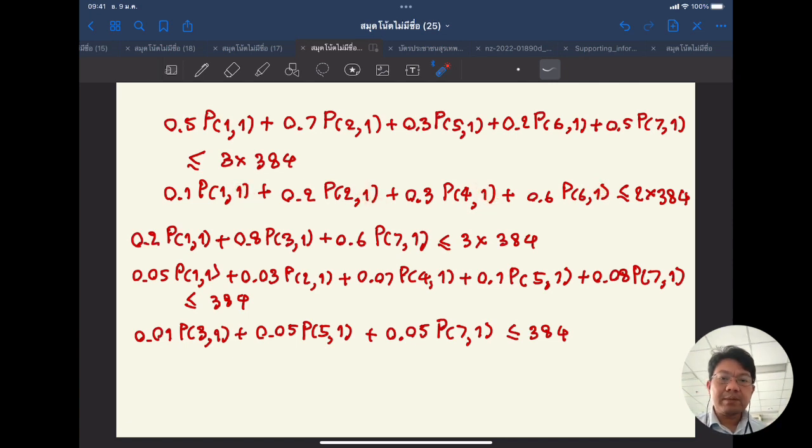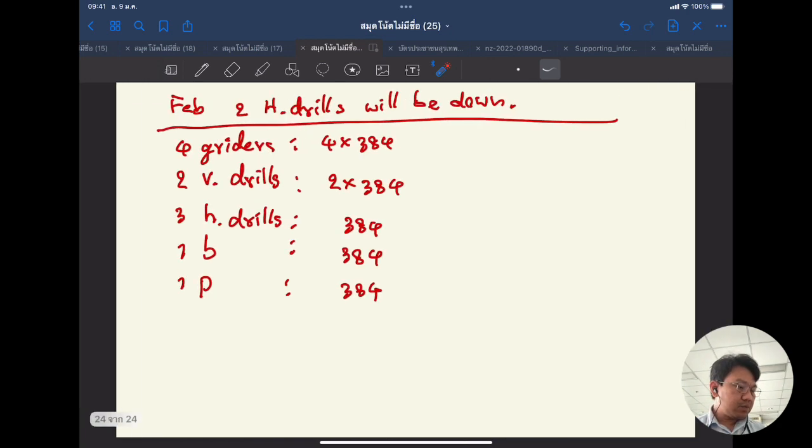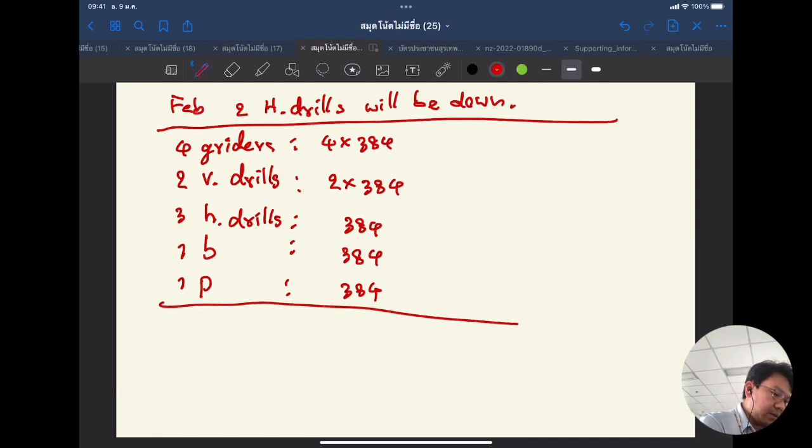Then you can formulate the constraint for February. And the next one, for March, you know that 1 borer will be down. So for March, for grinder we have 4 times 384.